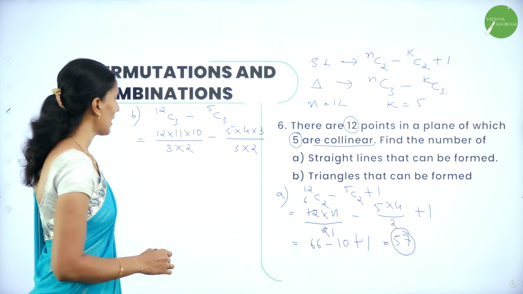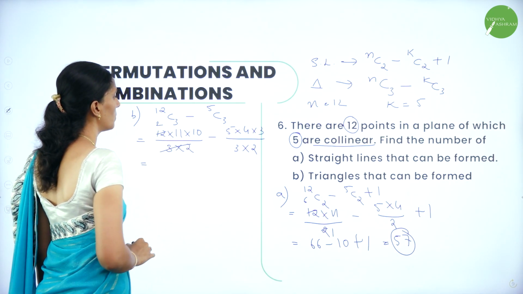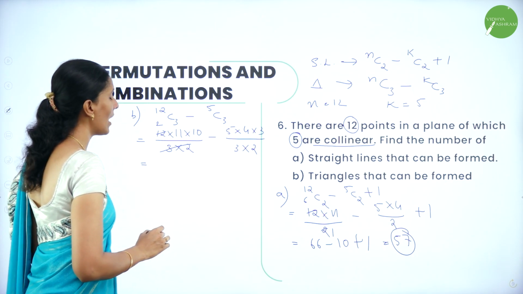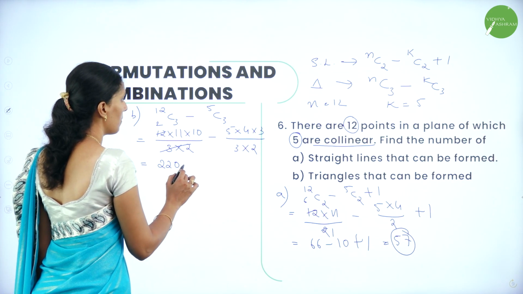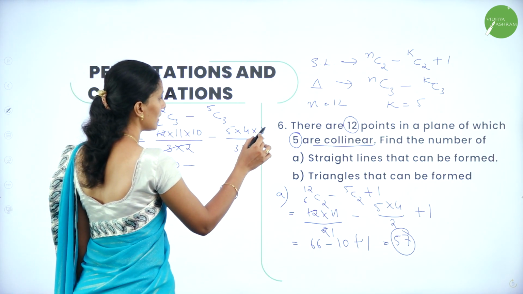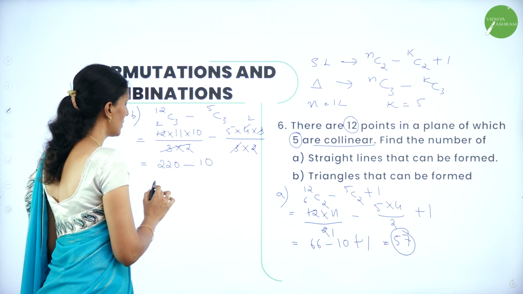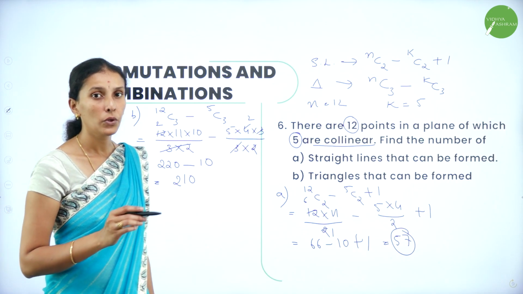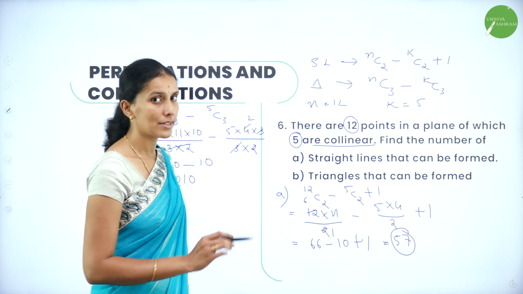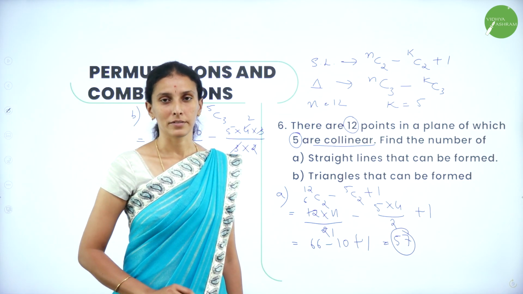You can cancel this. 6 ones are 6, 6 twos are 12, so this is 110 into 2, that is 220, minus, here 3 and 3 get cancelled, 2 twos are 4, 2 fives are 10. So therefore it is equal to 210. So you can form 210 triangles out of 12 points where 5 points are collinear.